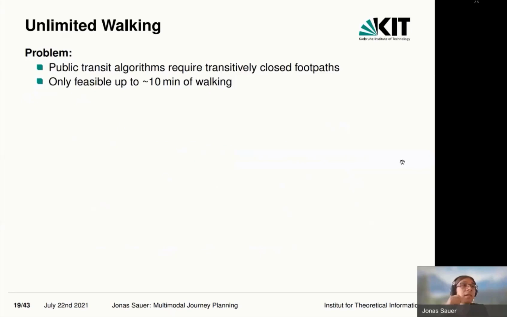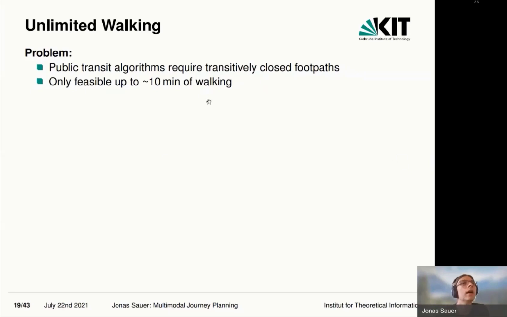So the public transit algorithms we've seen so far required transitively closed footpaths. That affected both Raptor and CSA, and it also affects most other public transit algorithms. So they do support walking to some degree, but only in a very limited capacity.